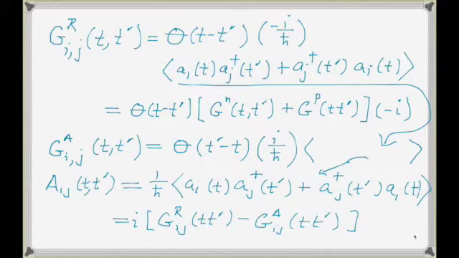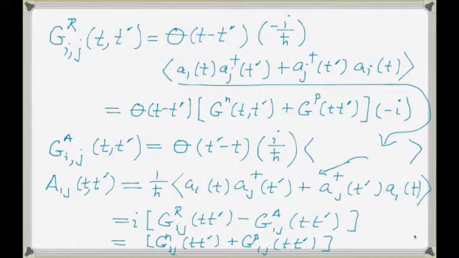And it's also equal to, I'm running out of room, but I'd like to write it all together, G^n_ij(t,t prime) plus G^p_ij(t,t prime). So these are all the relationships we derived earlier, and now you see they also hold true in terms of their definitions, in terms of the creation and annihilation operators.